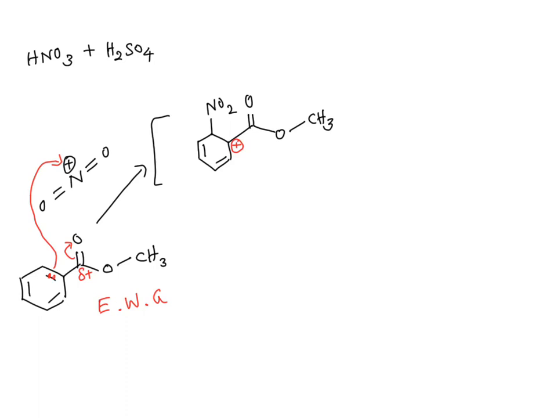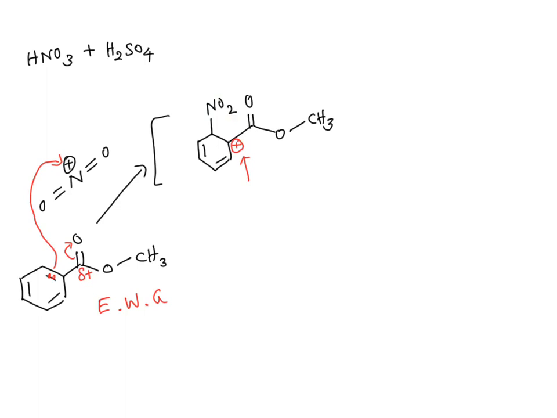Now, if you put a positive charge next to another positive charge, that will be really unstable, right? So we don't want to put the positive charge here. That's the key. That's the key why you don't put nitro group on this carbon. Right? There was a question on the back of the lab manual.